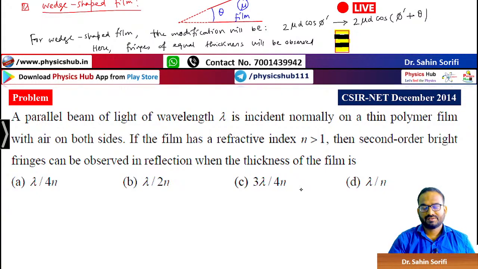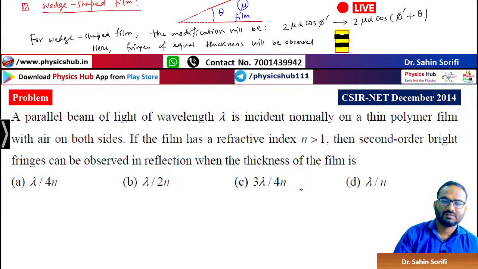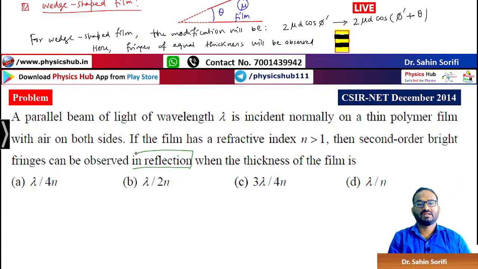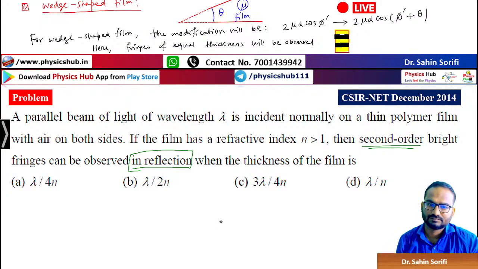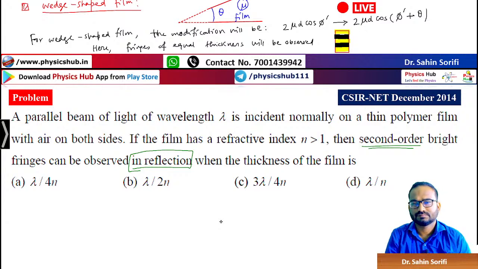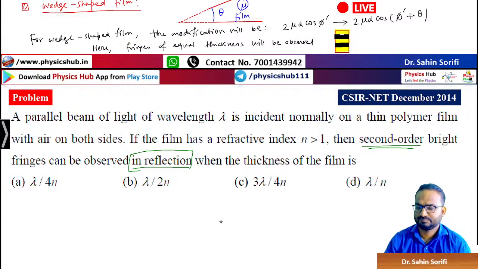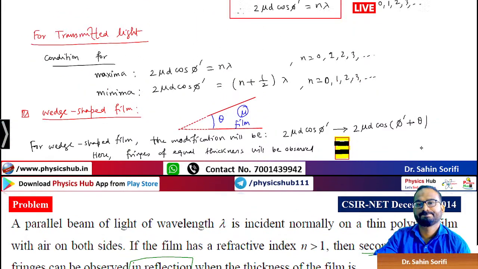If the film has a refractive index n greater than 1, the second order bright fringe can be observed in the reflected light when the thickness of the film is... n equals 1, you will take.